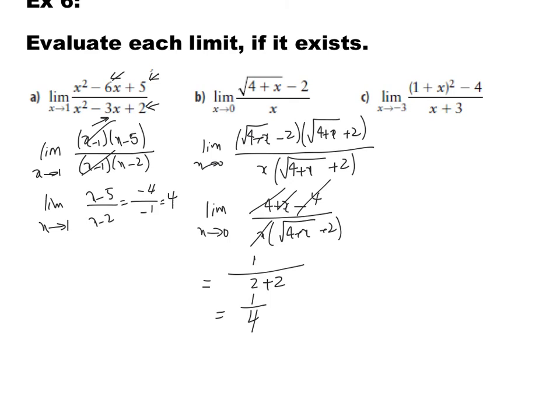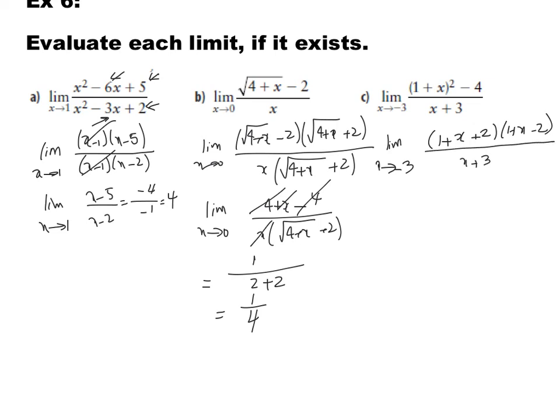To simplify, I look at the numerator, and this is the difference of squares, so I can write this one as limit of x goes to -3 of a squared minus b squared is a plus b times a minus b. So I can write a square root of 1 plus x, square root of 4 is 2, so it's plus 2 times square root of 1 plus x minus 2 divided by x plus 3.